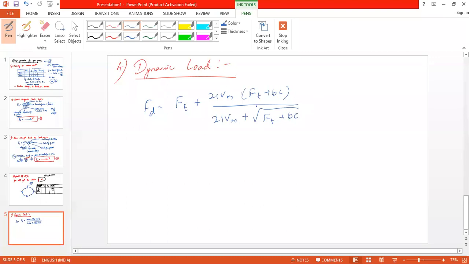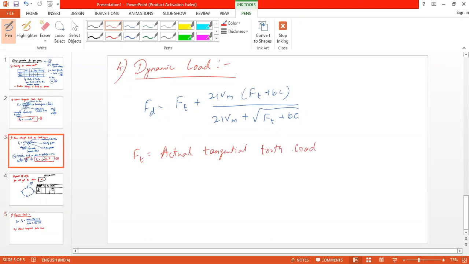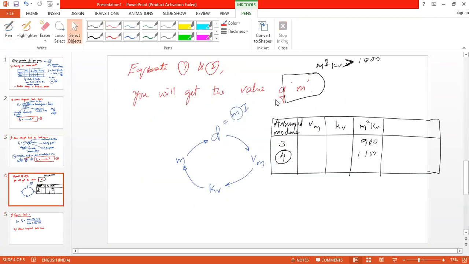Here, what are this B and C? Let's start from the beginning. What is Ft here? It is the actual tangential tooth load. Here you got the value of module m.